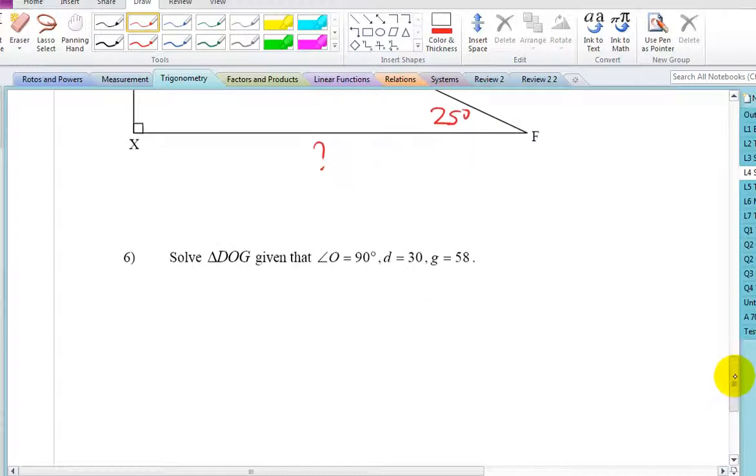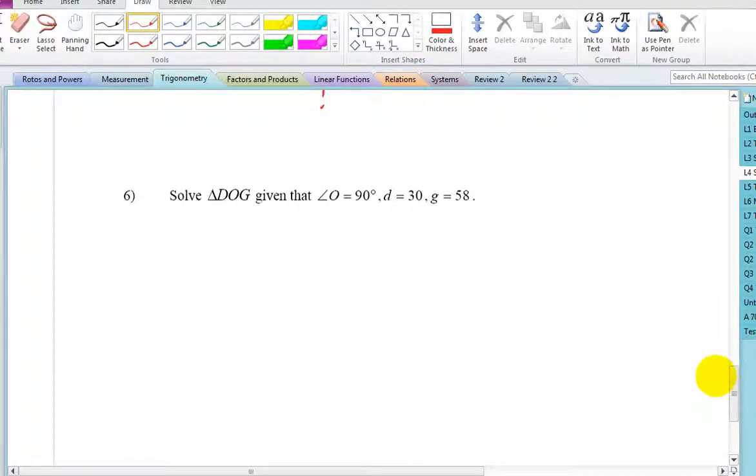Okay, please go down. Let's draw this triangle. It's a right triangle. It doesn't matter how you draw it, just draw a right triangle. Which angle is important? Which angle do they talk about? Yeah, angle O. That's the only one that matters.